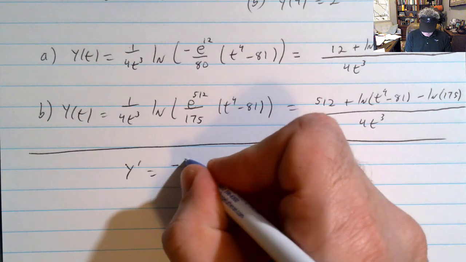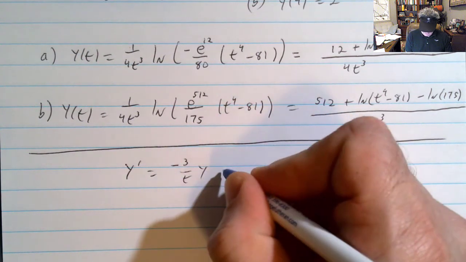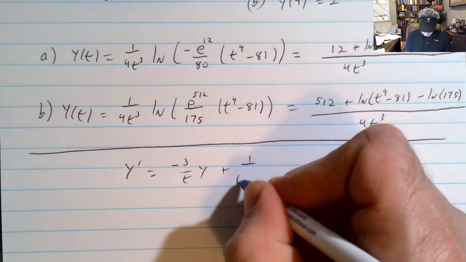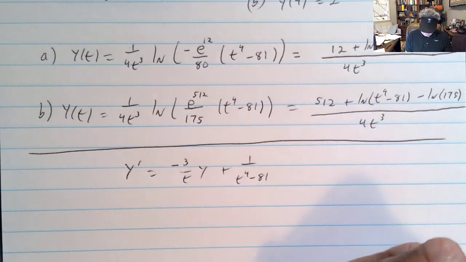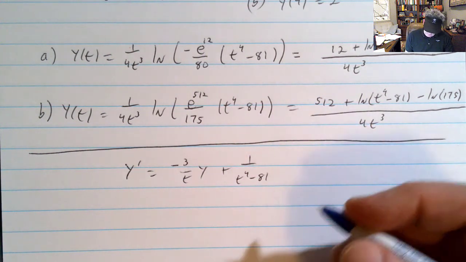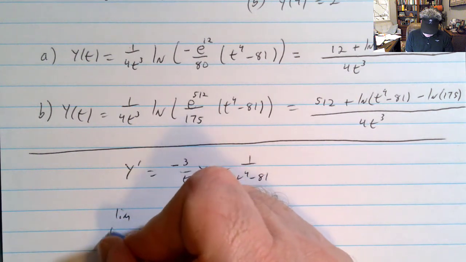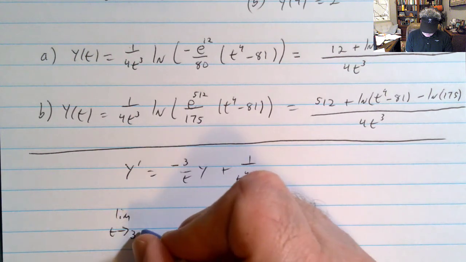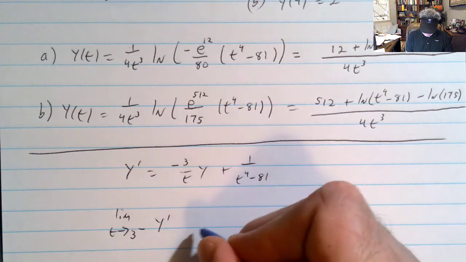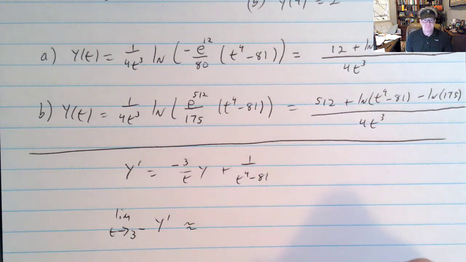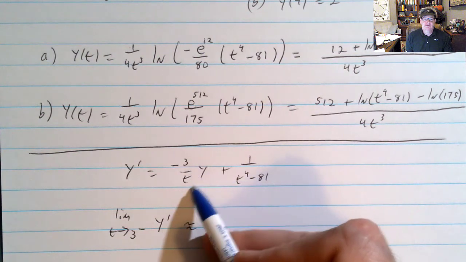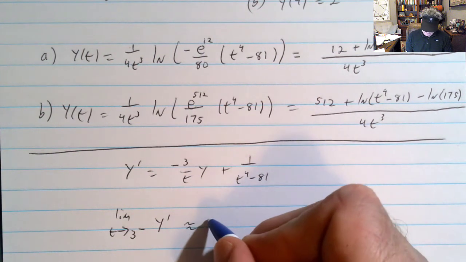I get negative 3 over t times y plus 1 over t to the fourth minus 81. And if I want to look at what happens as t goes to 3 from the left of y prime, that's going to be roughly y, which is some finite value.